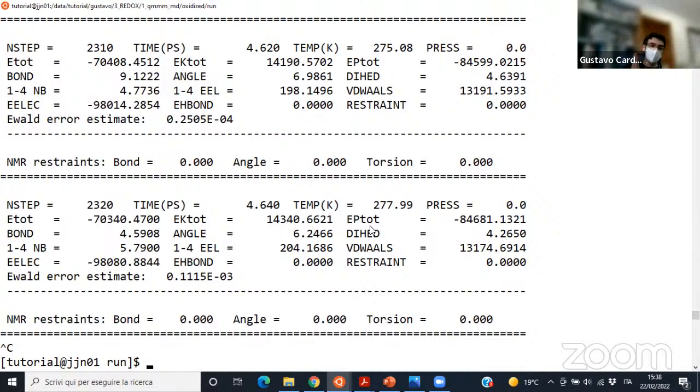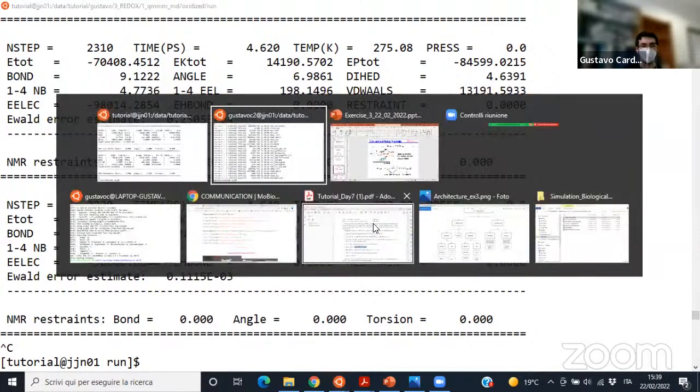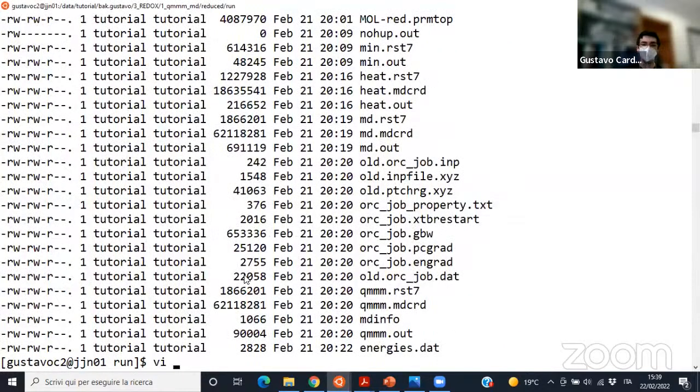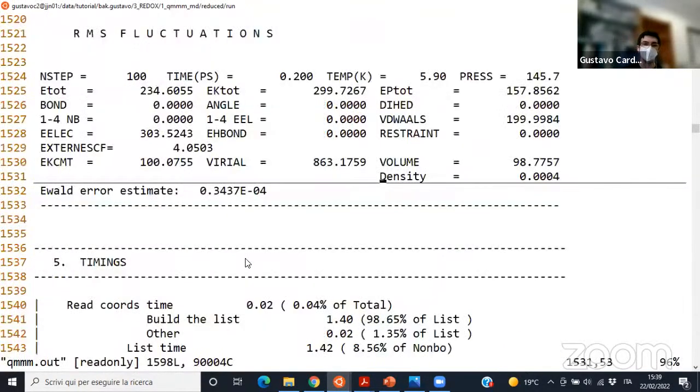So at this point, I'm going to skim through this section because here the steps are the exact same as before. So I'm not going to analyze the output again. Remember that it will generate a QMMM.out, which is the file of interest.